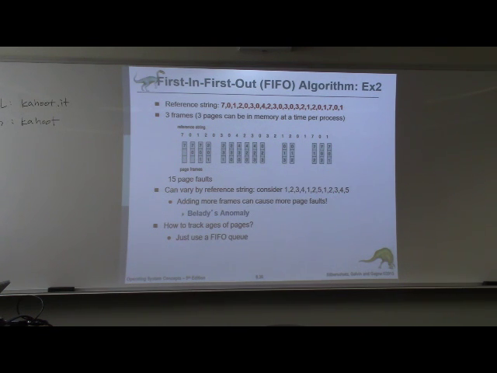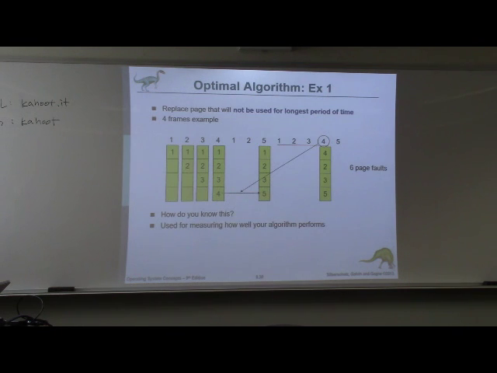The next one is the optimal algorithm. Instead of looking at the past, why don't we take a look at the future? If a page will be used soon, we try to keep it. Otherwise, we replace it. That is the optimal algorithm. For example, the first 4 frames cause page faults, and the 1 is reused, so there is no problem reusing it.